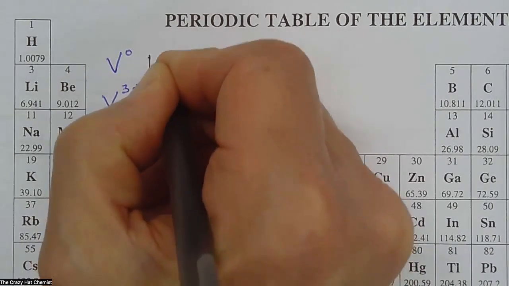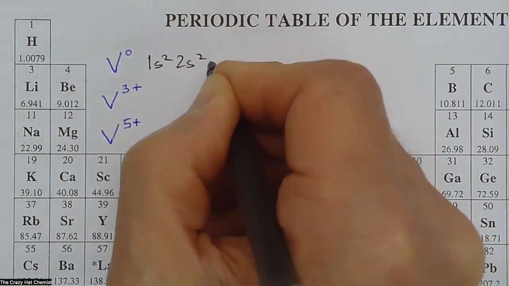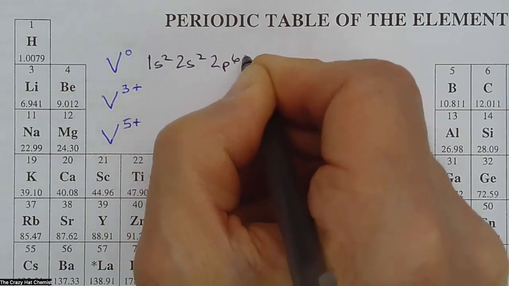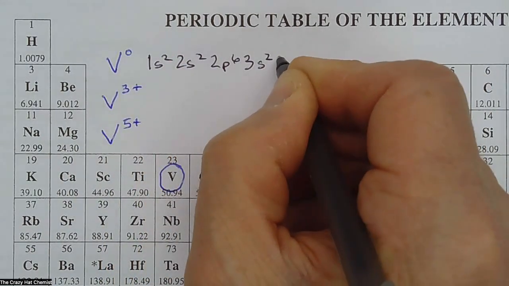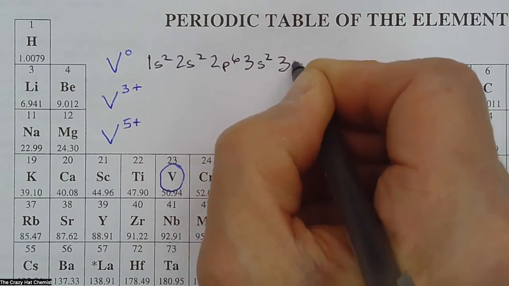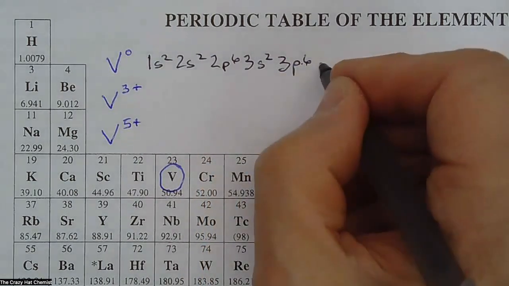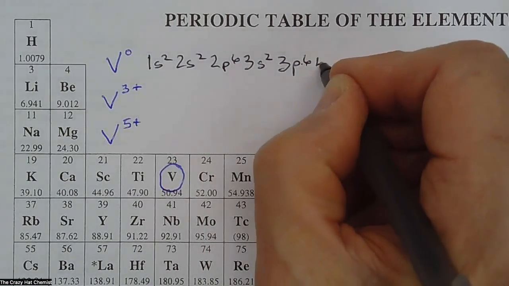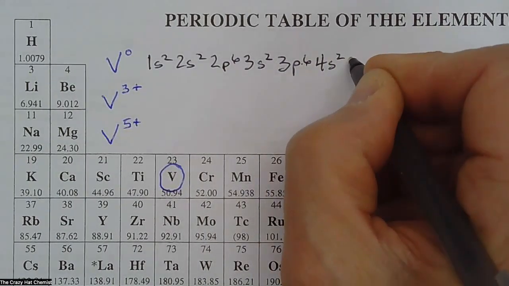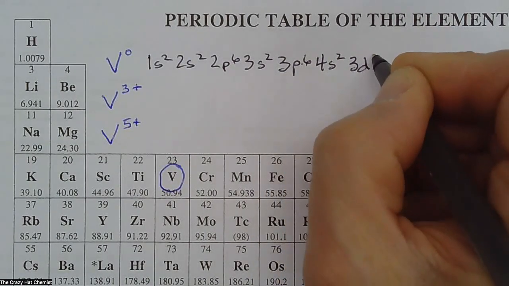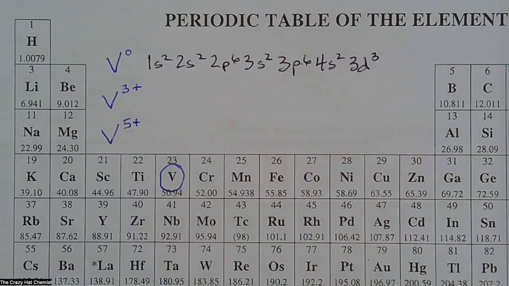So we're going to do 1s2, 2s2, 2p6, 3s2, and 3p6. Then we have 4s2, and then 3d3. Okay, that is for the atom of vanadium.